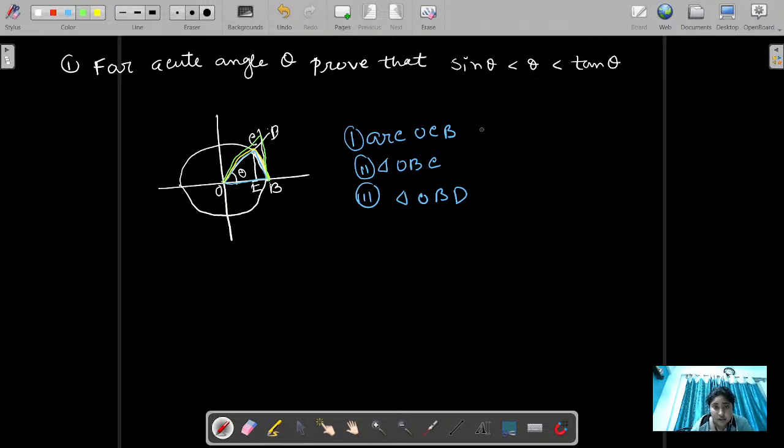Let me calculate. First, this is the arc, right? So how do we calculate the area of the arc? This is theta into pi r square divided by 360.